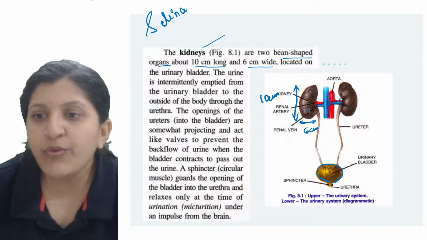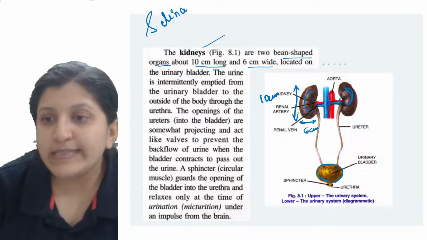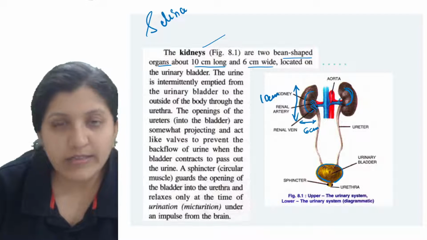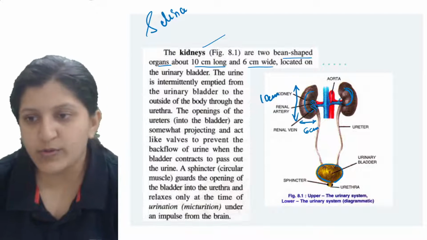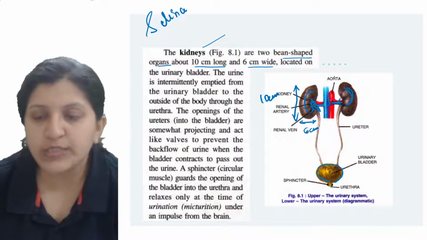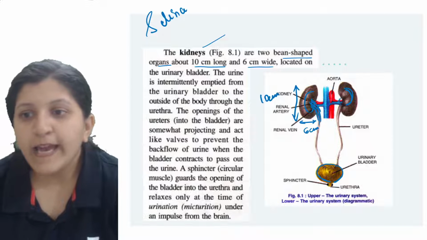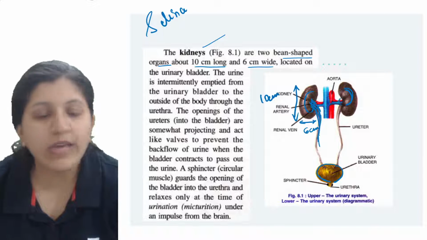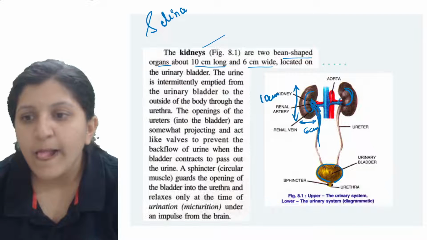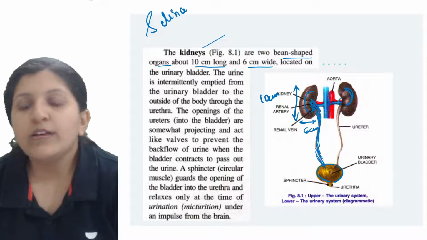Once the urine formation occurs here, there is a collecting duct through which the urine flows down. The pelvis region of the ureter collects the urine from here into the ureter. You can see there is a flow of urine which is emptied into the urinary bladder.